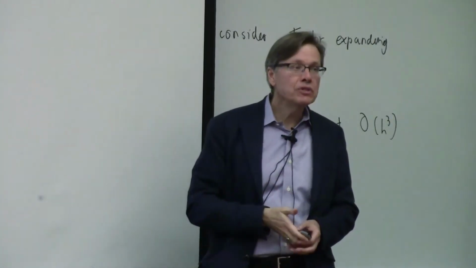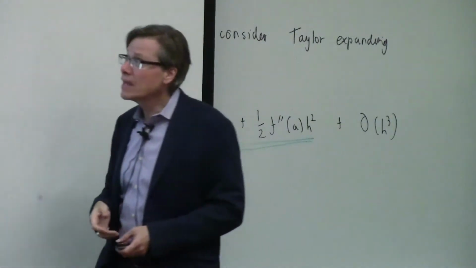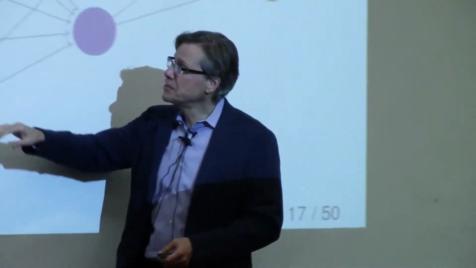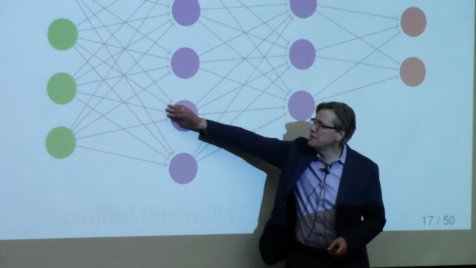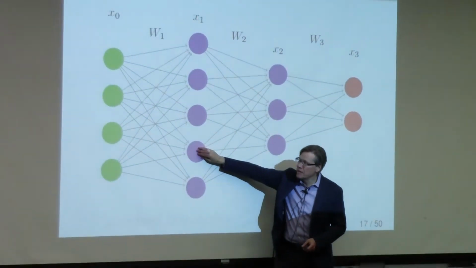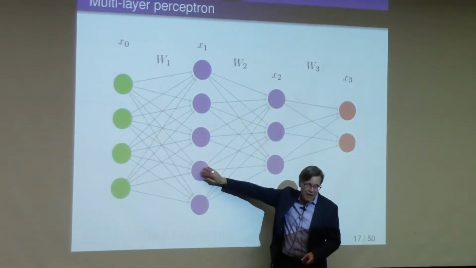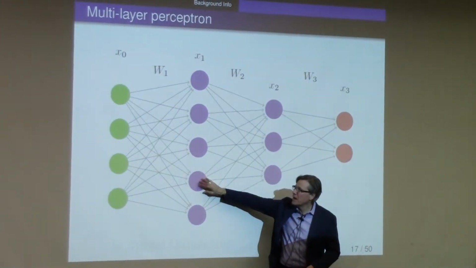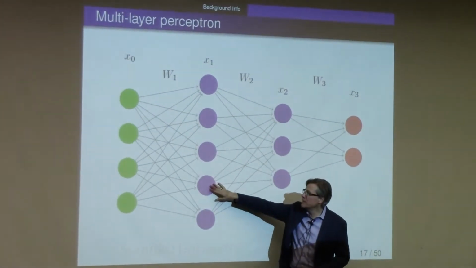Now we can create multiple layers, and I'll just remind you that in each case what's happening is there's a linear combination coming in, producing an affine result on the inputs.